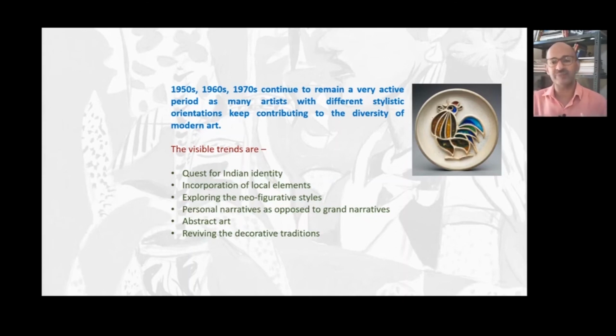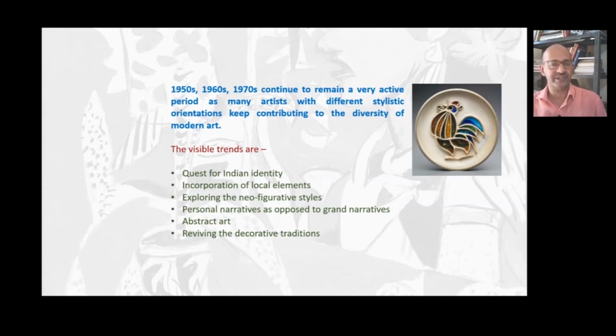Incorporation of local elements, this is something that we shall see in the artworks of many artists, not only in today's lecture but also in the subsequent lectures, where absolutely local motifs, local elements, local experiences, local observations are being incorporated within their own art practice.